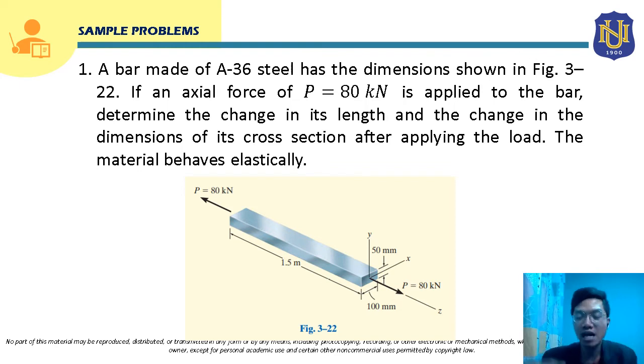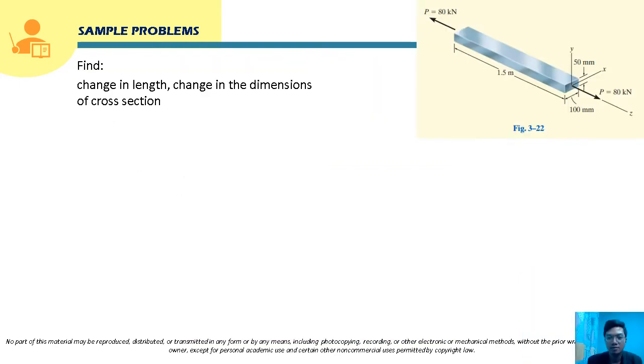So let's start solving this problem. For this problem, we are going to solve the change in length. The change in length will be the deformation along the direction of the applied load P. So the change in length here will be elongation.